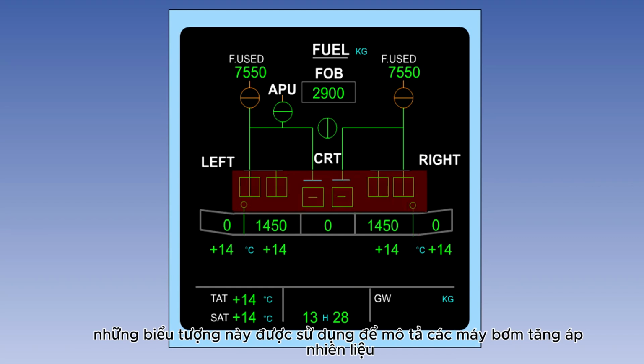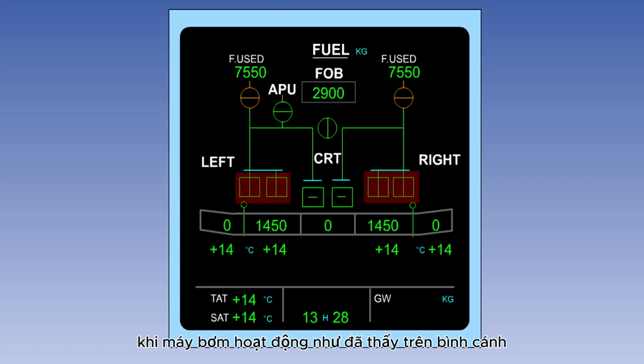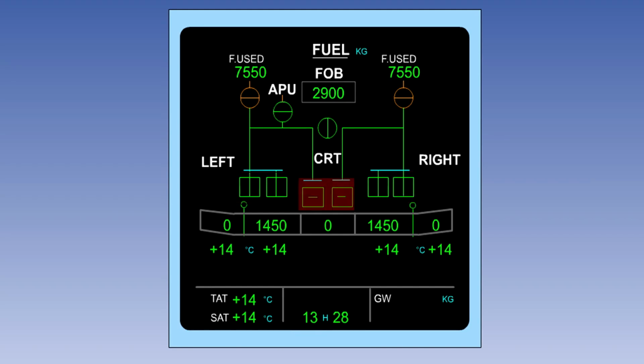These symbols are used to depict the fuel booster pumps. The line in the box is vertical when the pump is operating, as seen on the wing tank pump indications, and horizontal when the pump is switched off, as demonstrated by the center tank pump indications.